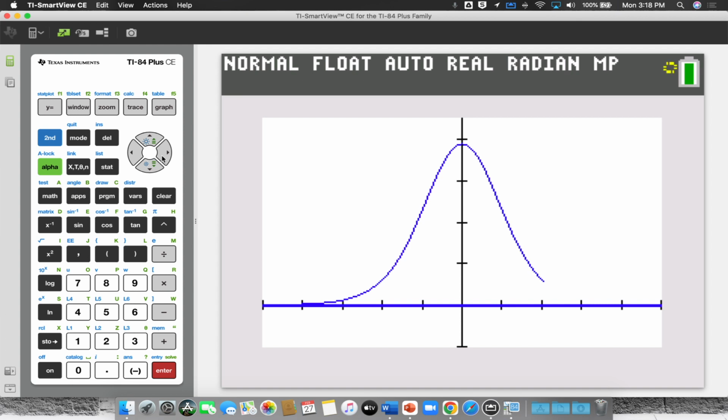Then at the bottom, it'll give us the t-score and the p-value. The t-score, t equals 2.7631. The p-value is 0.011.